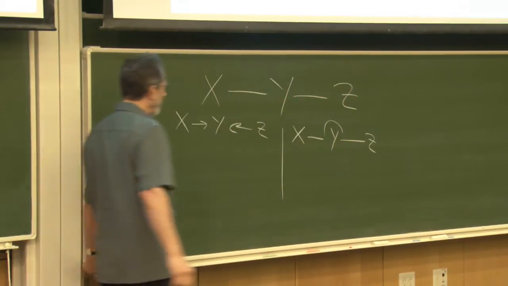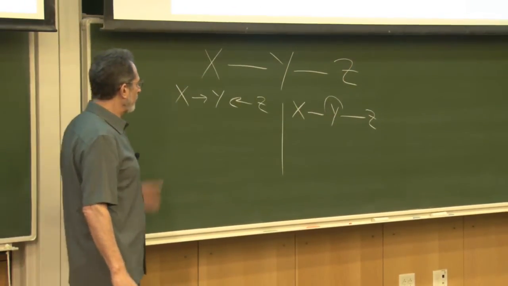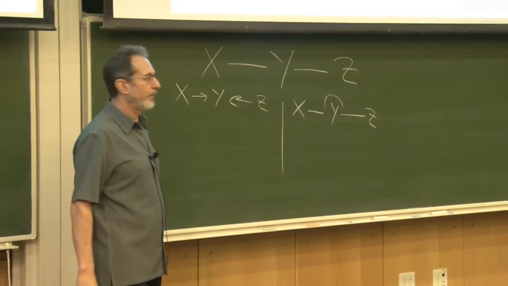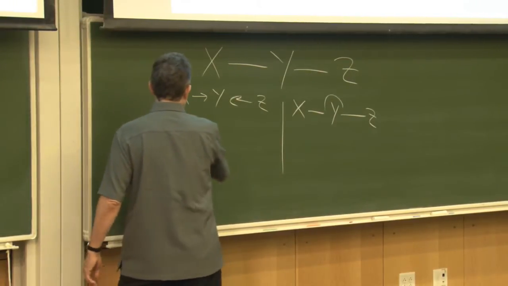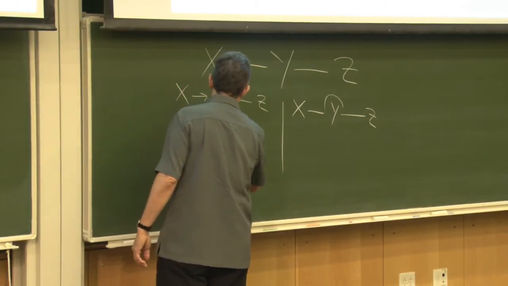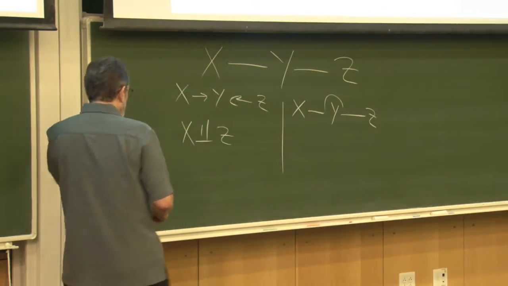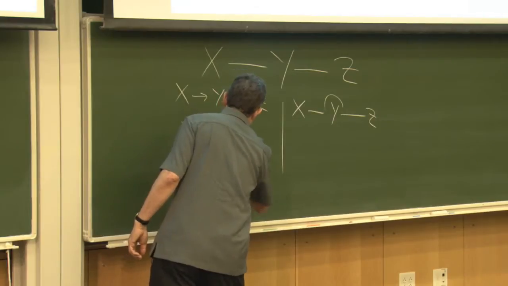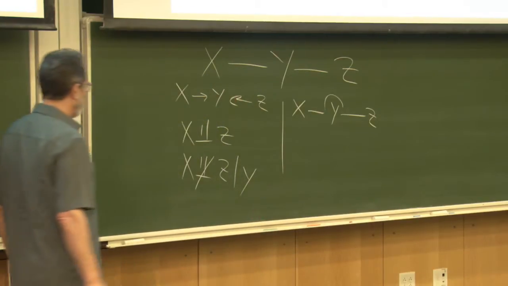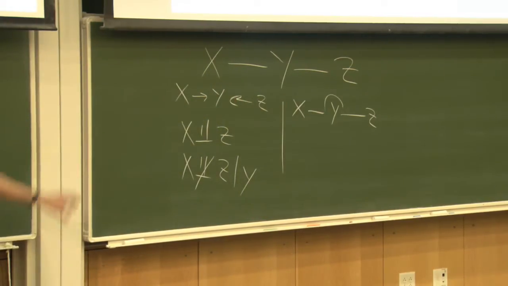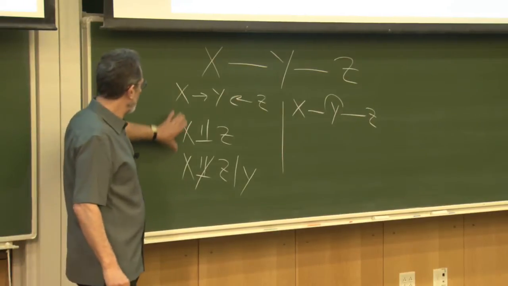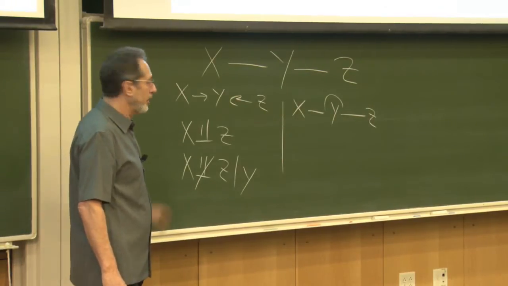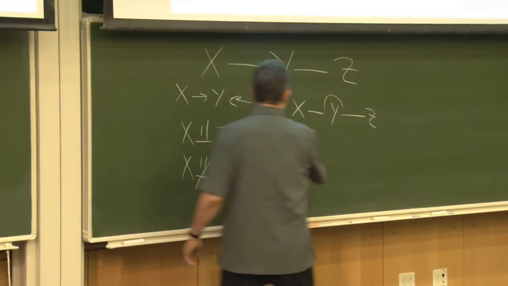One, it's a collider, and the other, it's a non-collider. So suppose those are the only three variables I'm looking at. This should say x is independent of z, and it should say that x is independent of z given y is not true. So those are the two constraints that I ought to observe about x and z if this is the true model. And in this model, it's the opposite.